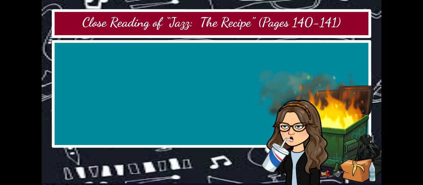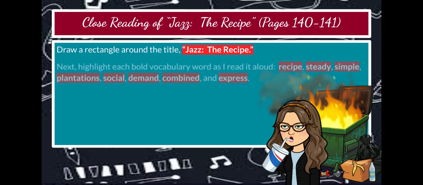Please use your writing utensil to mark your answer according to my instructions. Draw a rectangle around the title, Jazz the Recipe. Next, highlight each bold vocabulary word on pages 140 and 141 as I read it aloud.